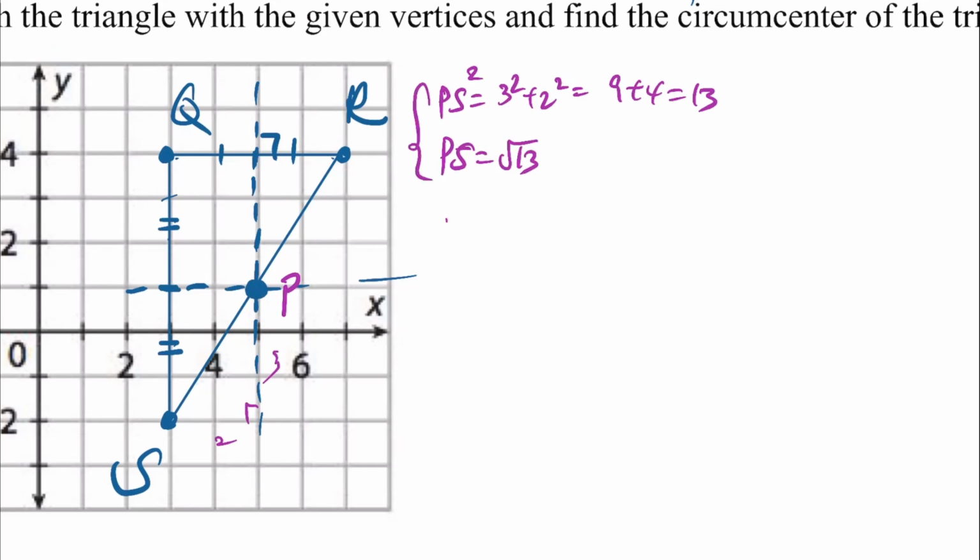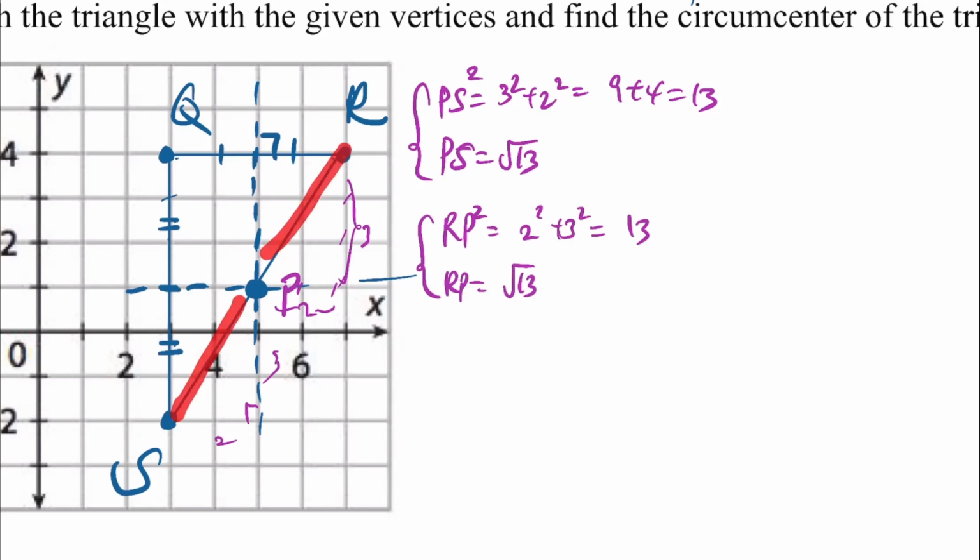And then RP squared is the same thing: 2 squared plus 3 squared is 13, so RP is the square root of 13. Oh my gosh, so that distance is clearly the same.